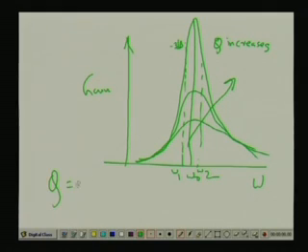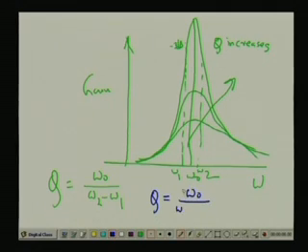So, the Q will be omega naught upon omega 2 minus omega 1, or omega naught by delta omega, or f naught by delta f. So, the larger the Q, the smaller and smaller the delta f will be.